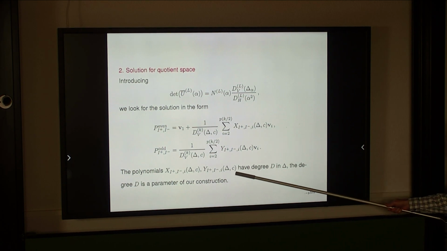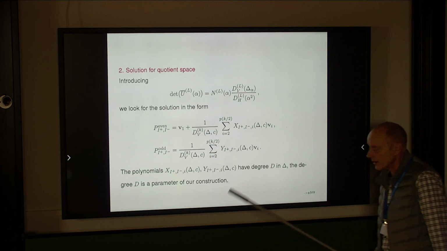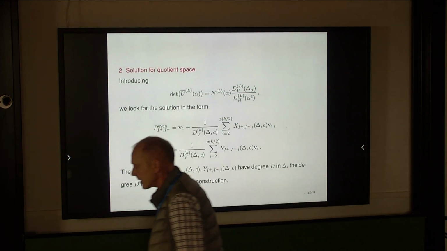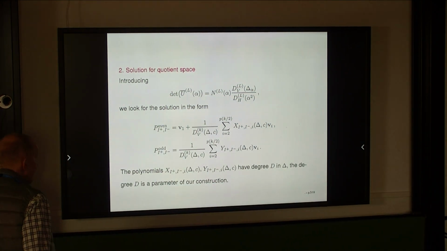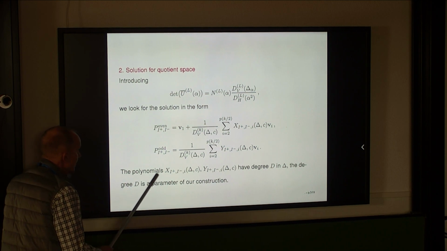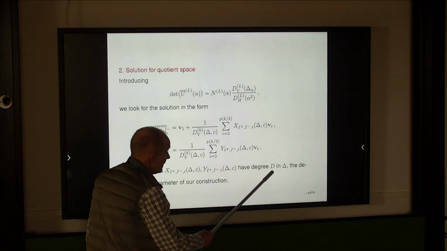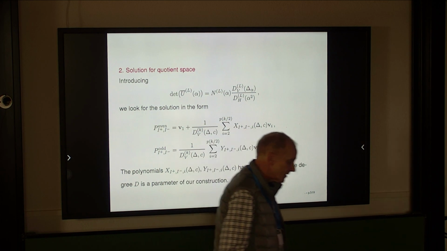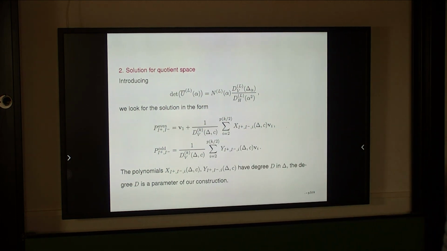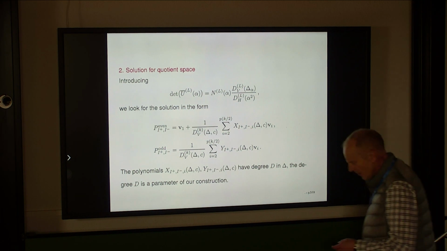So this is a requirement that depends only on Virasoro data. These polynomials are of degree D in delta, and for the moment I'm not saying what this degree is. This has to be defined.